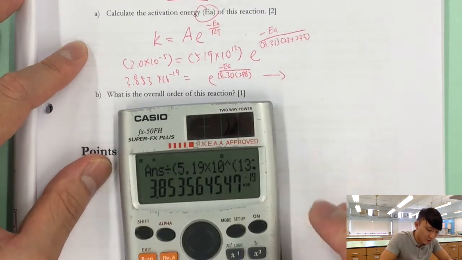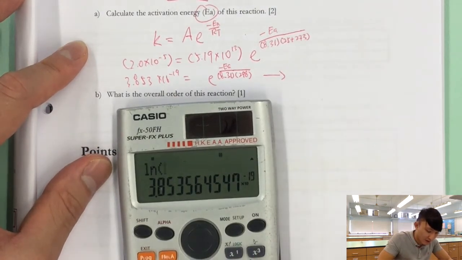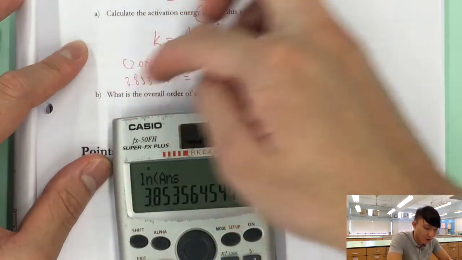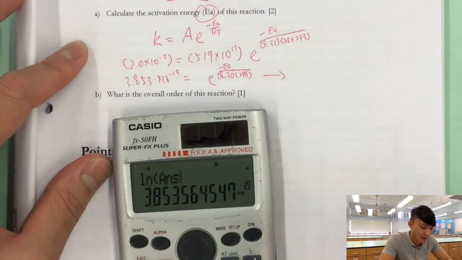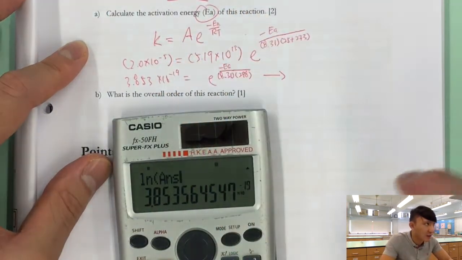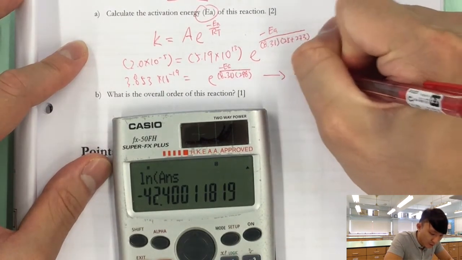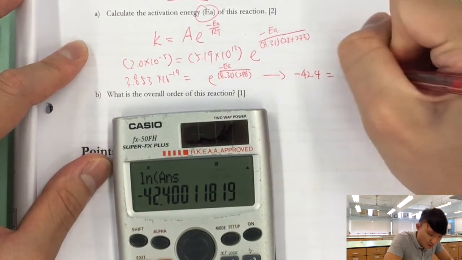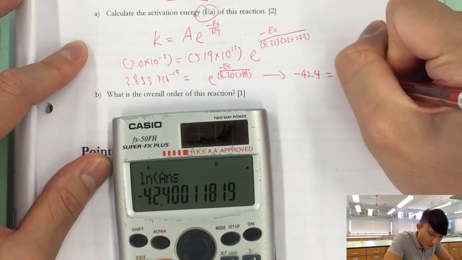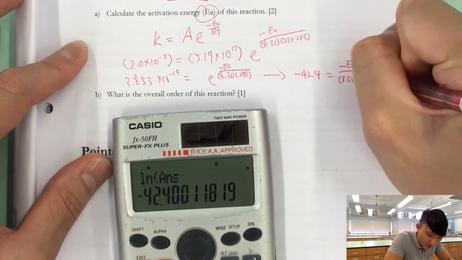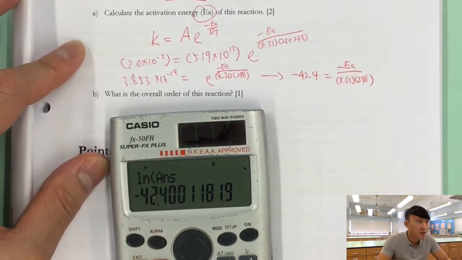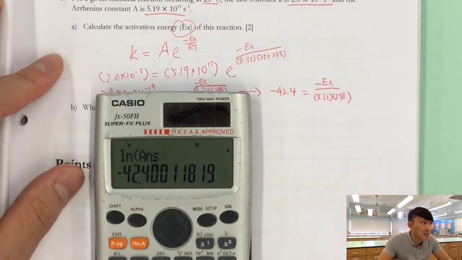And then we take the natural log on both sides. By taking natural log on both sides, we can cancel out the e. Okay? So we natural log the terms on the left. We have negative 42.4 equals to negative EA over 8.31 times 298. Okay? Now this one should be easy to tackle.